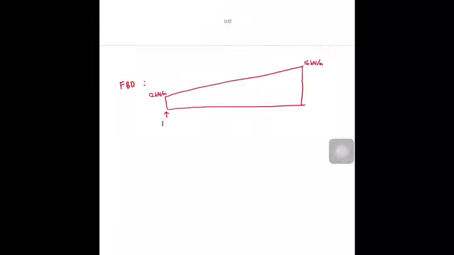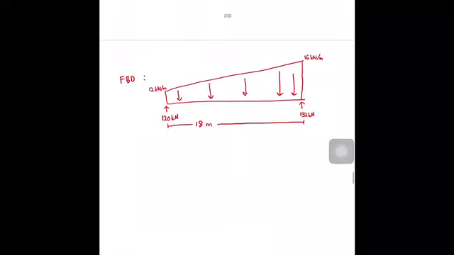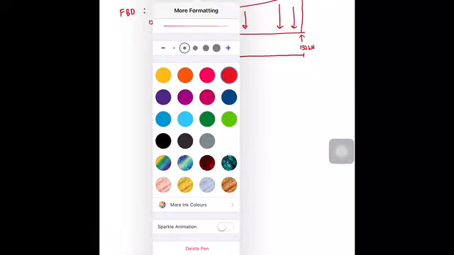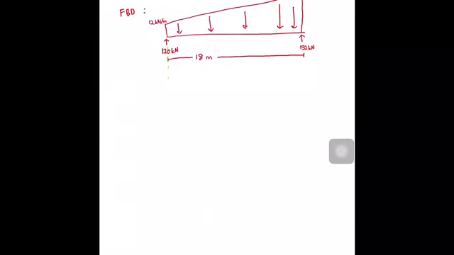At point A you have 120 kilonewton, the support reaction, and then at point B you have 132 kilonewton with the distance of 18 meter. Okay, and then draw the line. We want to draw the shear force and bending moment diagram.